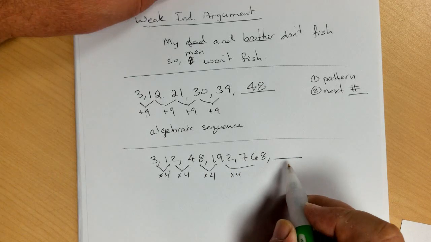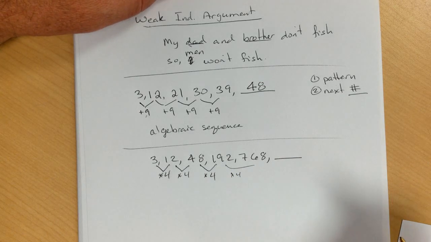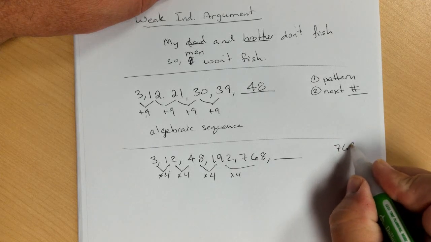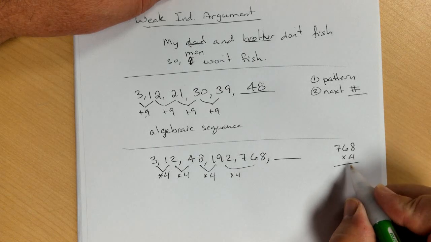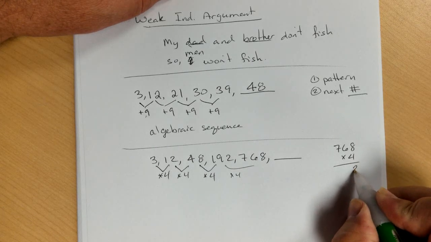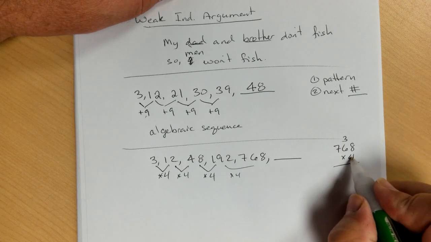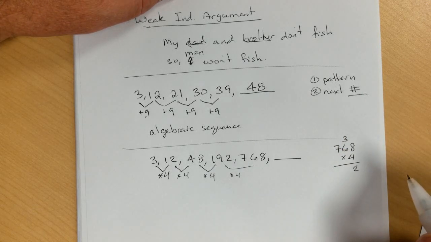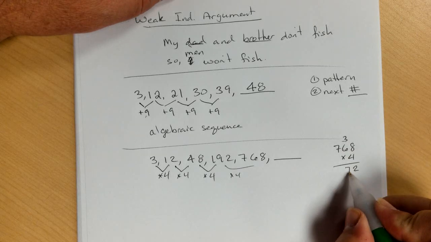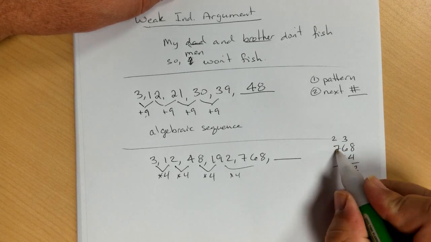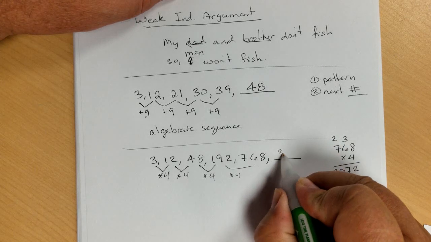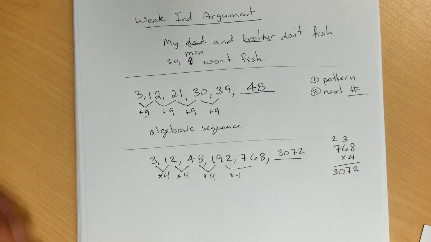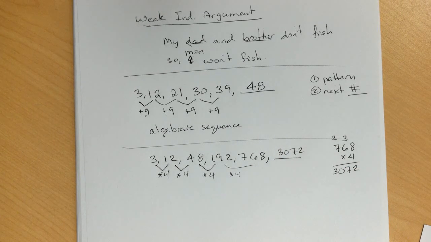So what's the next number going to be? 768 times 4. 8 times 4 is 32. 6 times 4 is 24, plus 3 is 27. 7 times 4 plus 2. Very good. Now you see what inductive reasoning is: you induced the next possible conclusion.